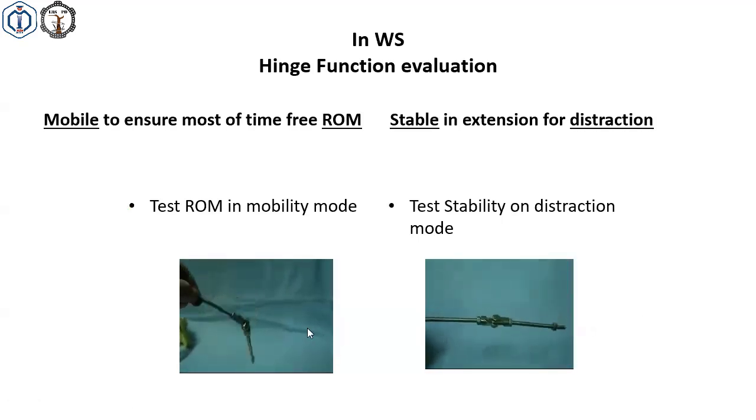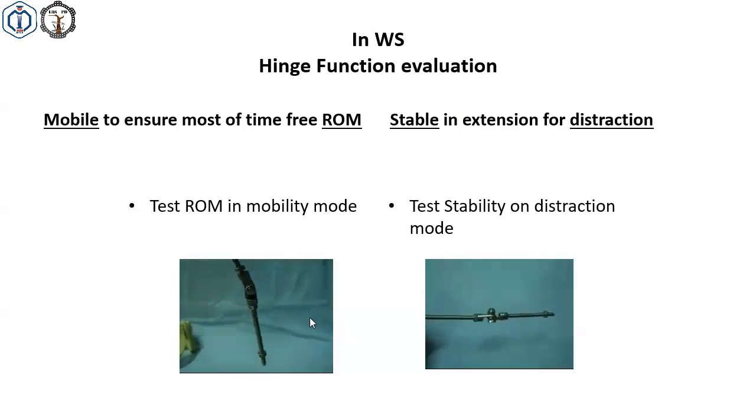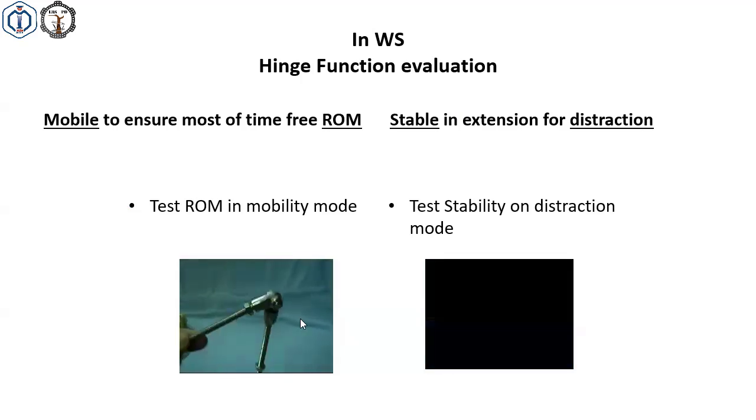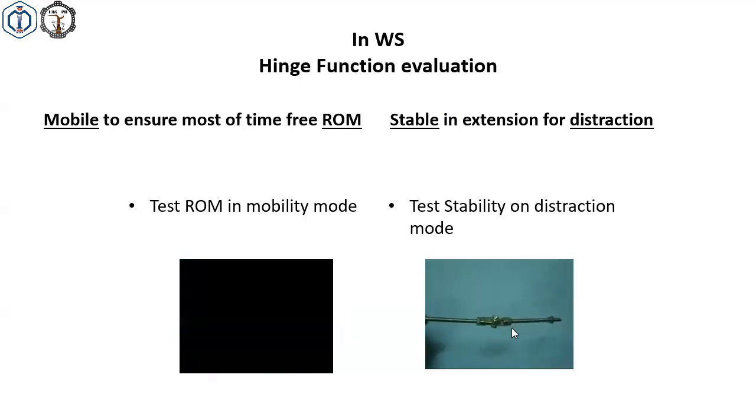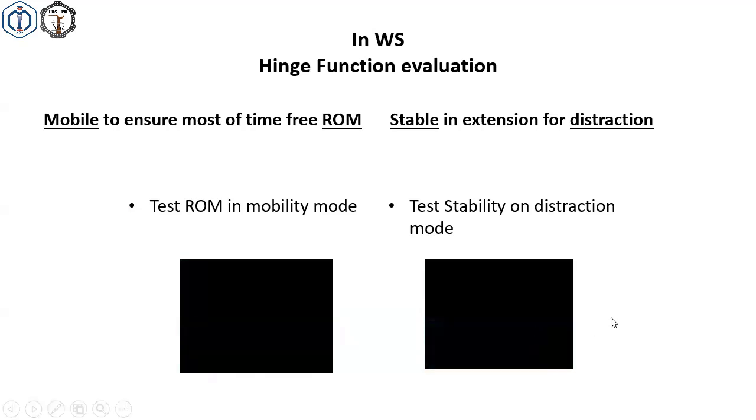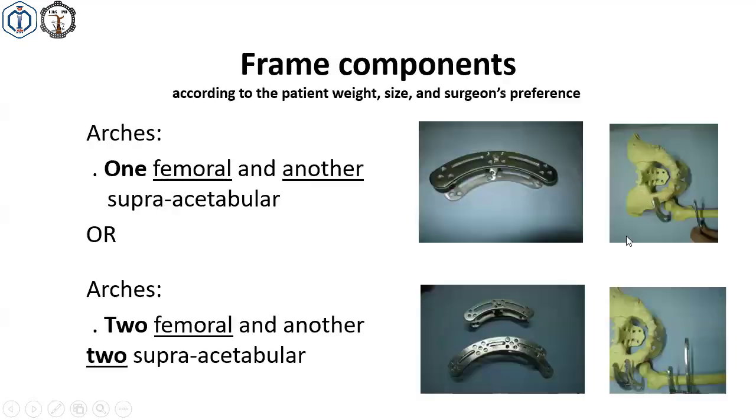The mobile one helps us with range of motion all over the process of the management, and this one gives us the standing distraction without movement at all, and works as an extension stop, preventing extension of the apparatus.